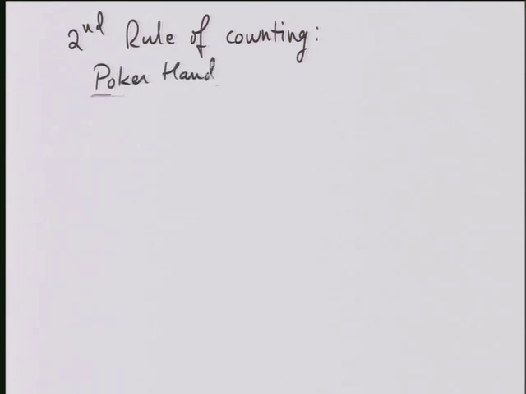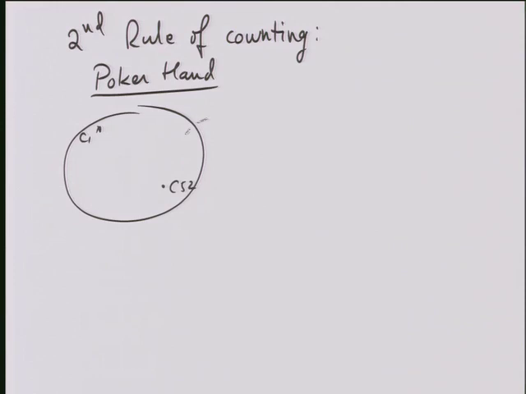We have a population of 52 cards, C1 through C52, and our poker hand is a set of 5 cards that are dealt out to you. Now we want to count the number of poker hands.